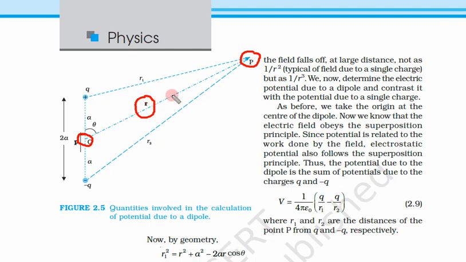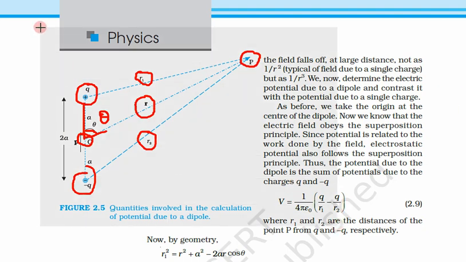Again this distance r, and let us say this positive charge q has a distance r1, and this negative charge has a distance r2, and this point P is making an angle theta with the direction of this dipole. So this is our configuration, this is our arrangement. Now let us see what we have to do.